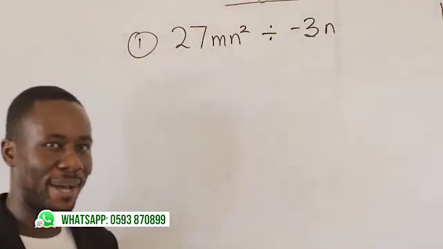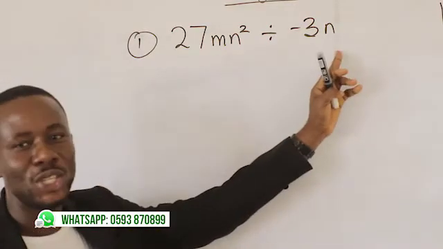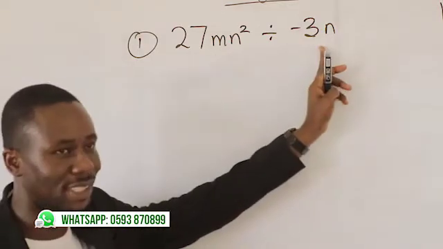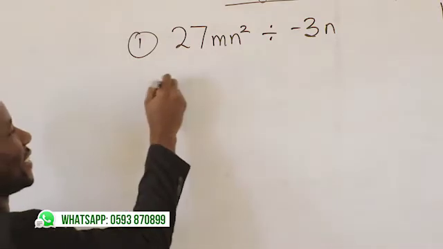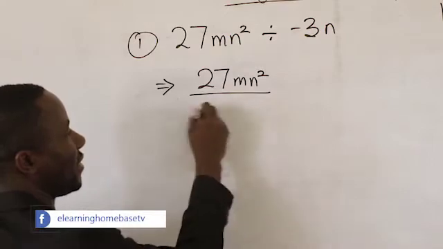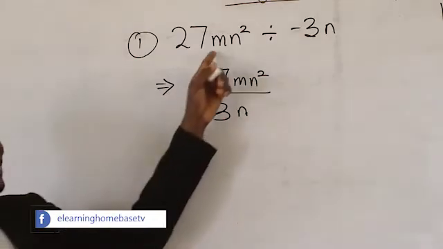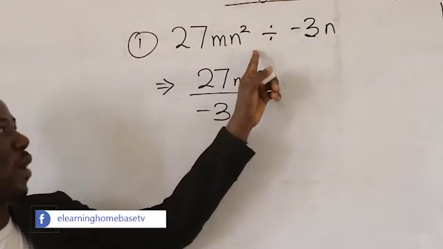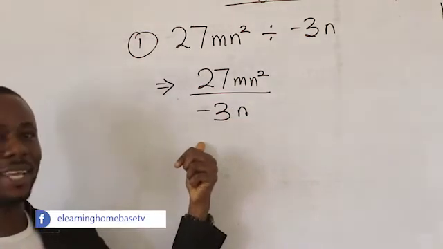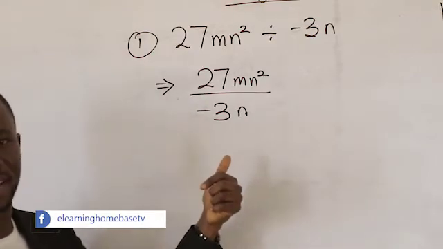Divide a number by a number, a variable by a variable. Now, division is the same as fraction. I can express this one in fractional form. So 27mn squared divided by negative 3n can be expressed in this form. And when you express it in this form, it becomes easier for you to solve or simplify.